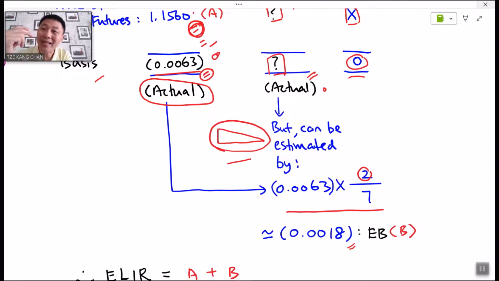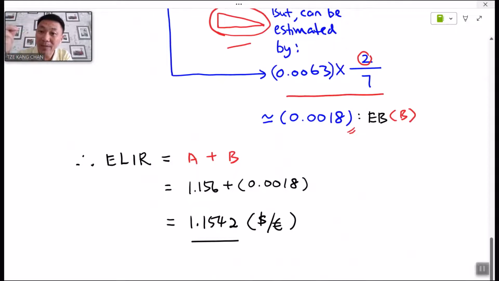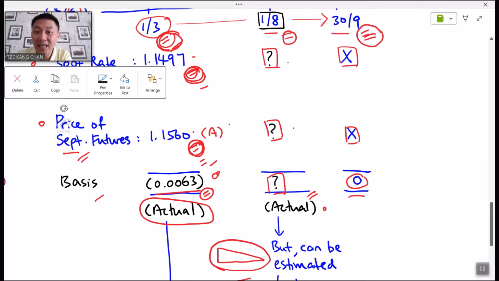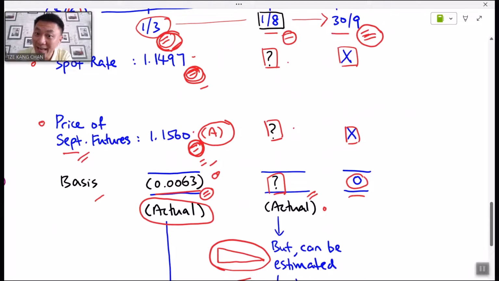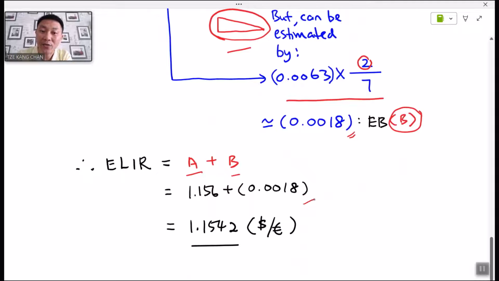So once we found the estimated basis, according to the formulas on deriving the estimated lock-in rate of A plus B, the A refers to the price of the futures contract now, the B is simply the estimated basis. Combining both together, it is worth noting the basis in this case is negative.